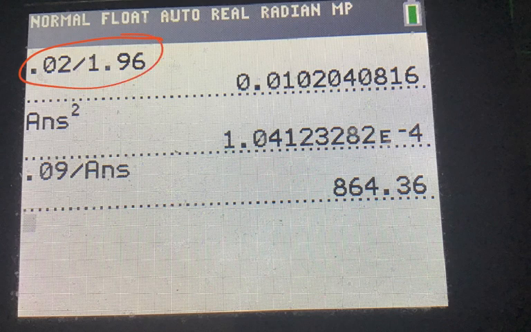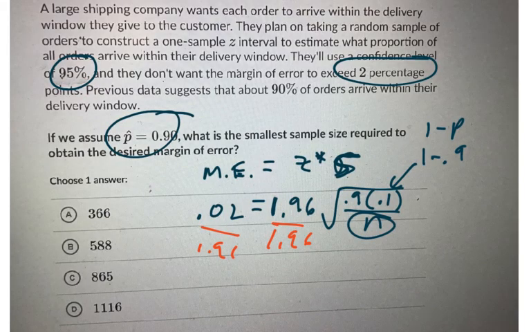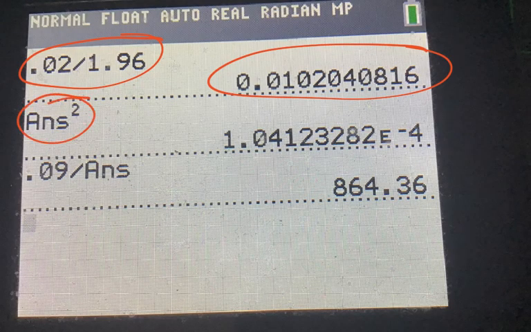So here you can see I'm dividing by 1.96, so we get 0.01. Well, that 0.01 equals the square root. We might as well times that together, so that's 0.09 over n. How do we get rid of the square root? We're going to square both sides. So we square our value, we get this scientific number.